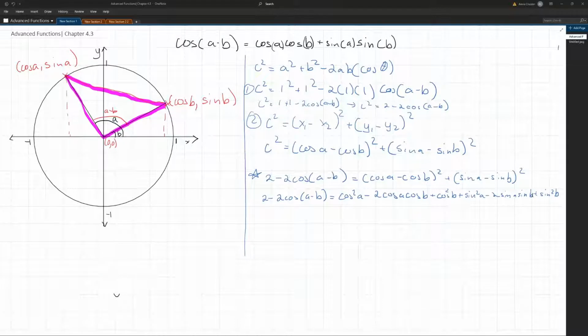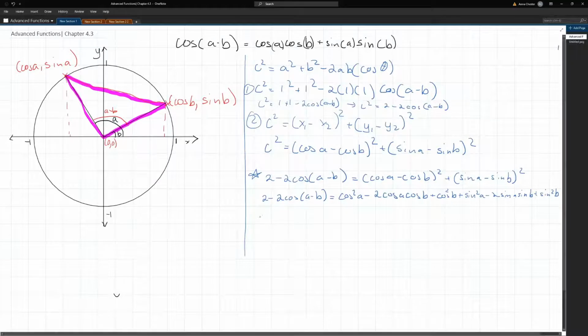squared and sine squared, cos squared B and sine squared B, and if you add cos squared and sine squared, you get 1. So I'd like to isolate those 4 values. So let's move everything else to the other side.